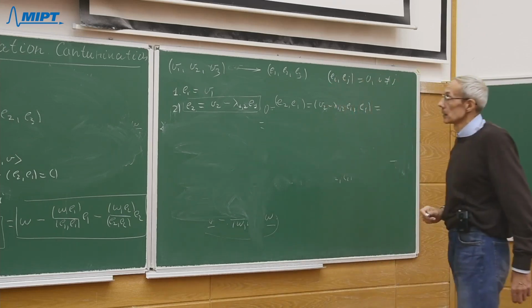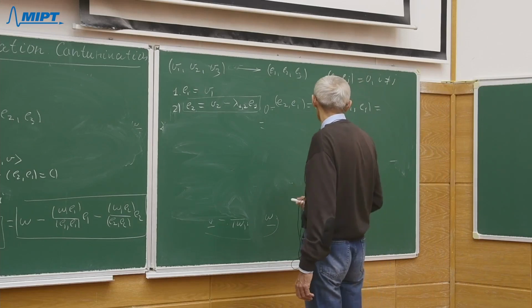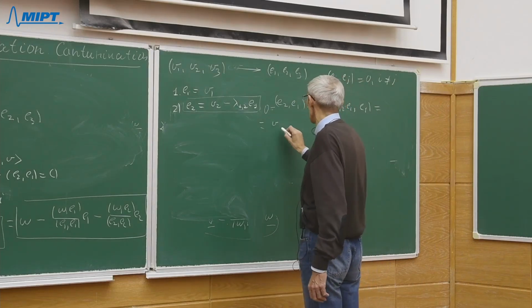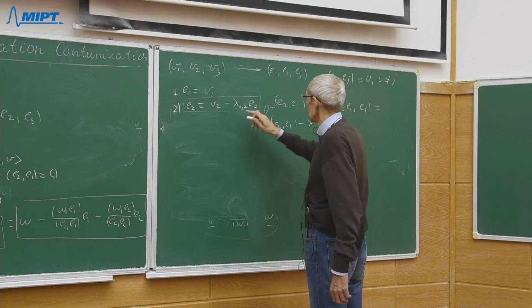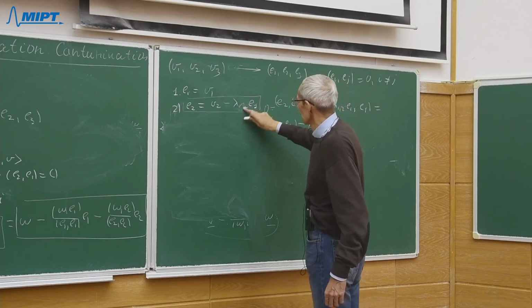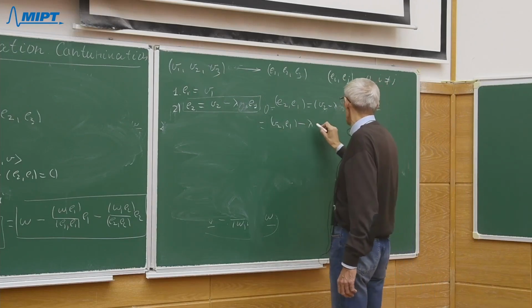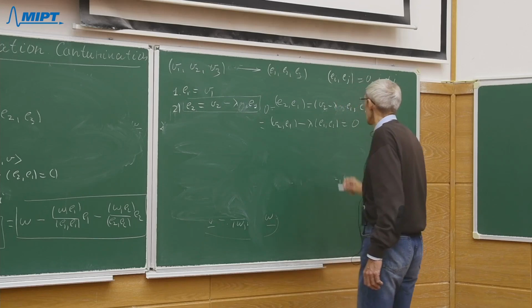Using the properties of the scalar product, we obtain (v2, e1) minus lambda (e1, e1) is equal to 0.